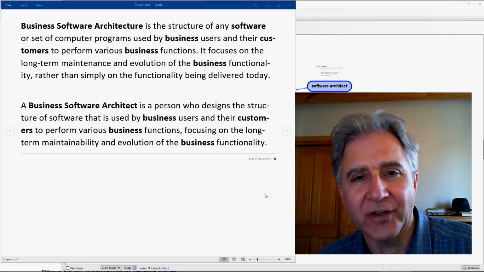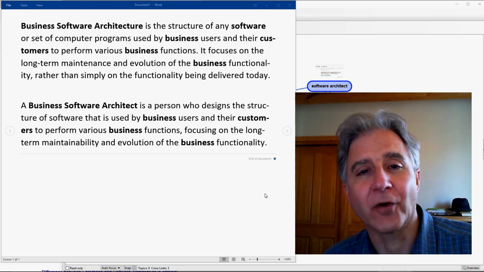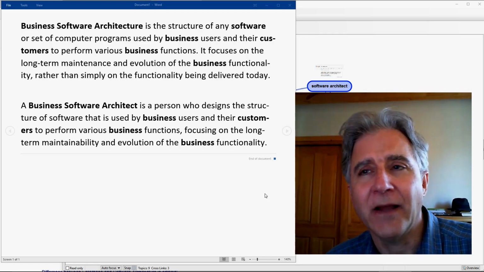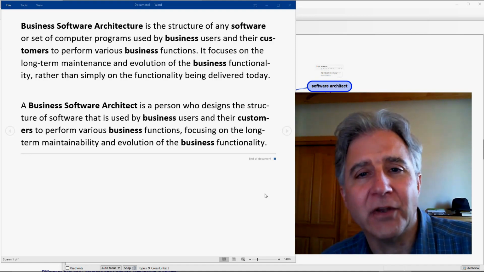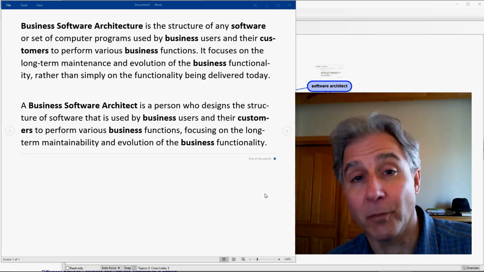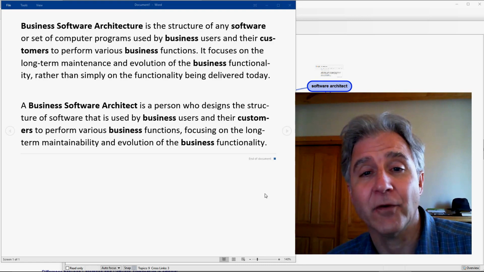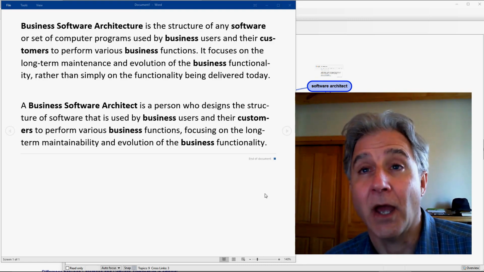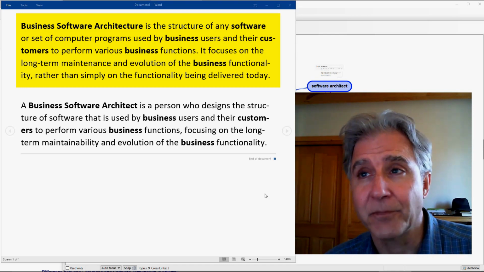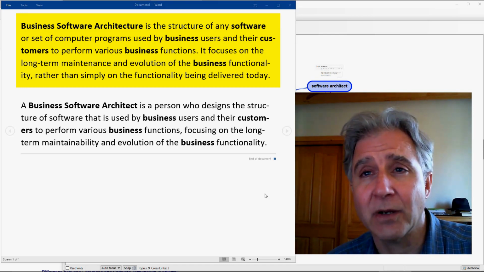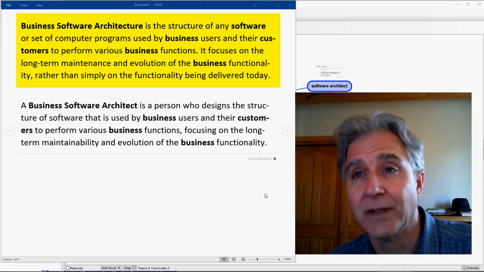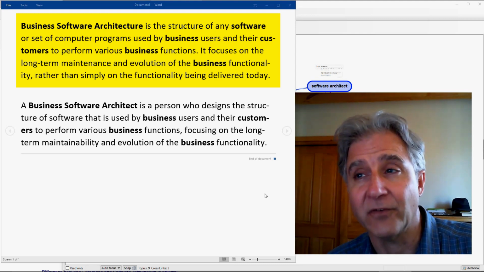So here's my suggestion. Working from the definitions for architecture, architect, and enterprise architecture, I think this would be a very good, very useful set of definitions for business software architecture and for what a business software architect is. Business software architecture is the structure of any software or set of computer programs used by business users and their customers to perform various business functions.